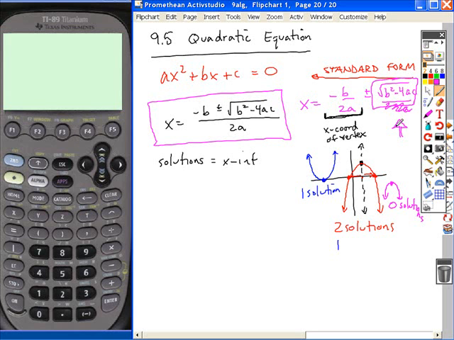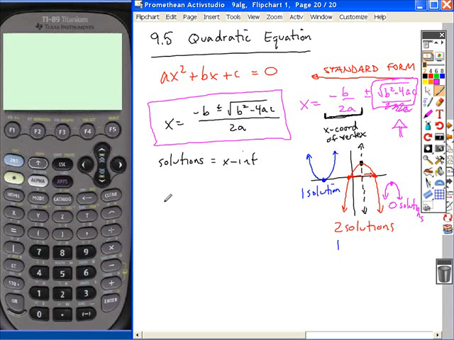What I'm simply going to ask you regarding 1, 2, or 0 solutions can be found just by either using the Y editor and sketching your graph, or using the solver and identifying whether you have 0, 1, or 2 solutions.